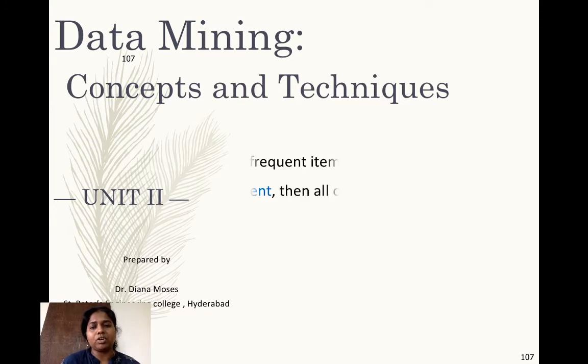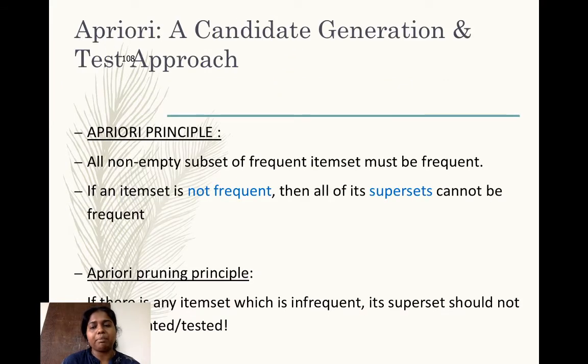The a priori principle states that all non-empty subsets of a frequent item set must be frequent. Or, in other words, if an item set is not frequent, then all of its supersets also will not be frequent.